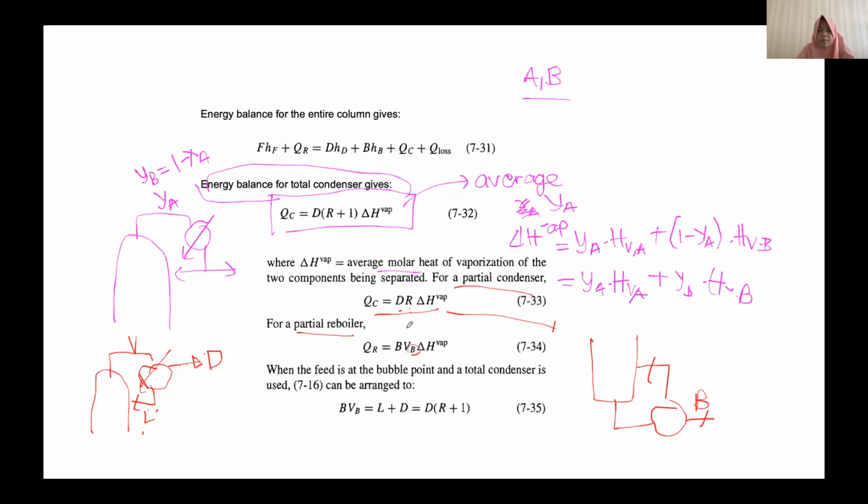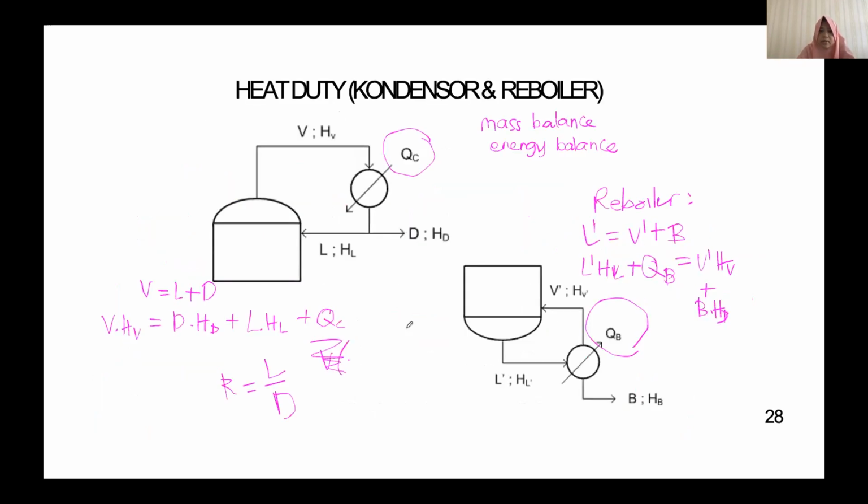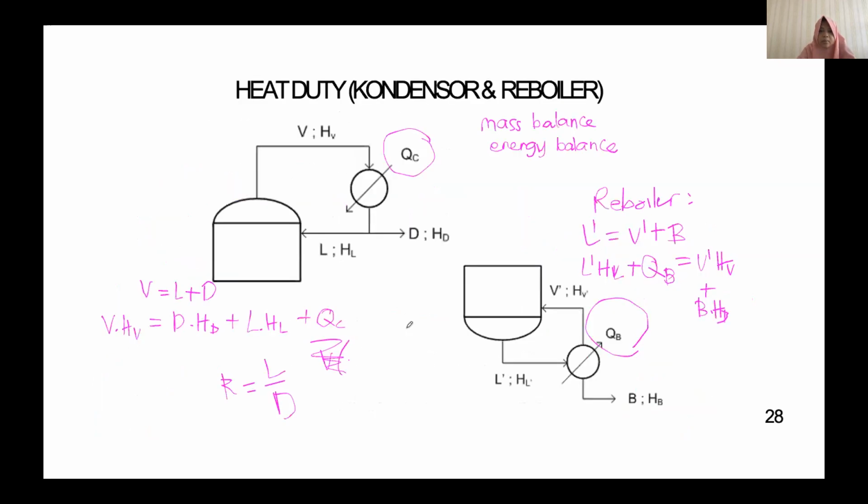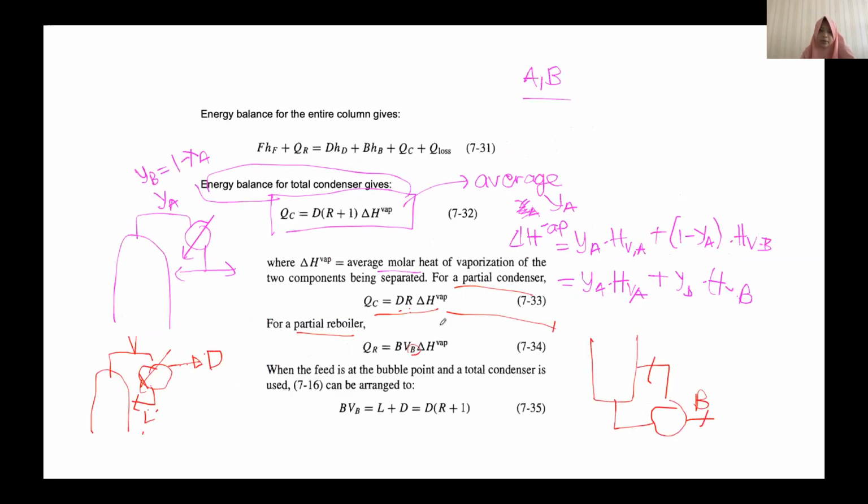If you see from the reboiler there, QB would be the enthalpy of VB plus B minus this one. But I'm not sure about this formula. Let me check later, or let us check when we do the exercise.